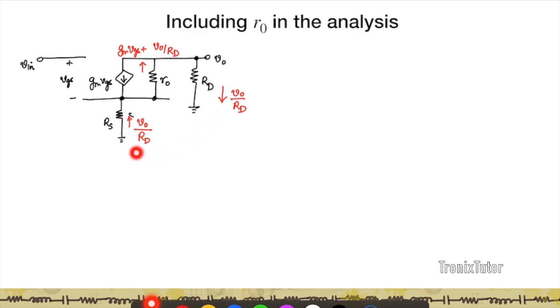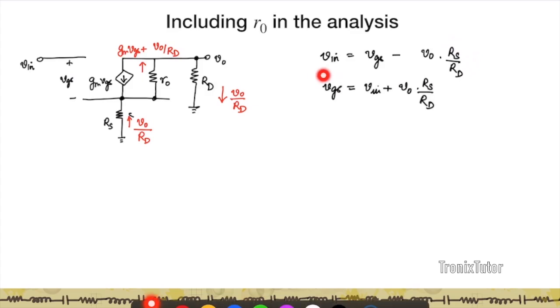That same current is going to flow upwards in RS. And then the current flowing in R0 is going to be gm VGS plus V0 by RD. Right? So once I've established this, then it becomes easy to write the equations. So first thing is, if I apply KVL in the input loop, Vin is given by VGS plus the voltage drop across RS, which is minus V0 into RS by RD.